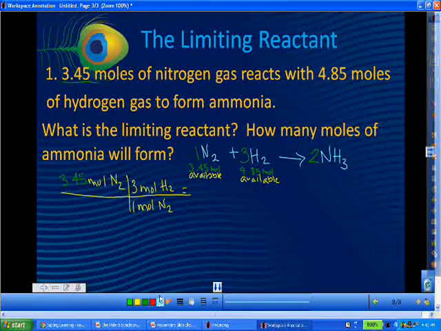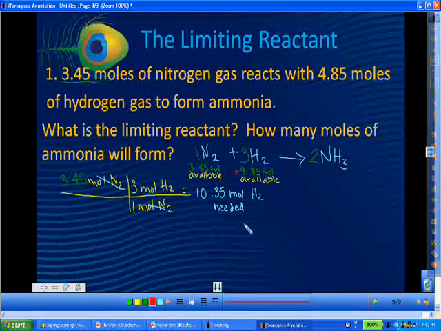Okay, I'll let you get that calculated. So we see that we have 10.35, and our moles of nitrogen are canceling out, so we have moles of hydrogen that is needed. So let's take a quick look and examine this here. We only have 4.85 moles of hydrogen available.